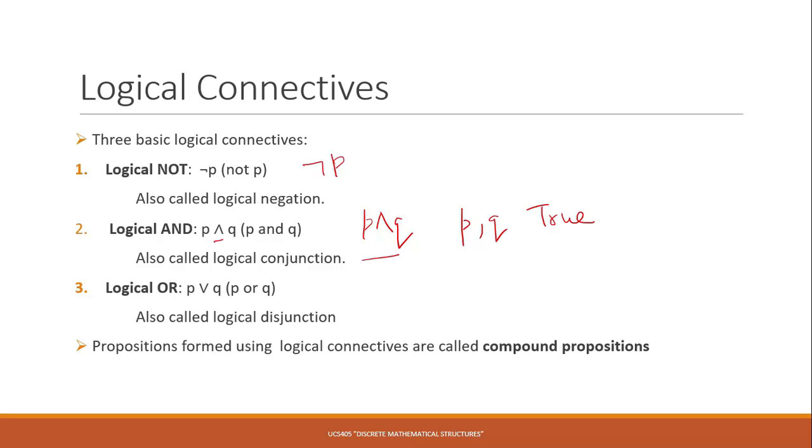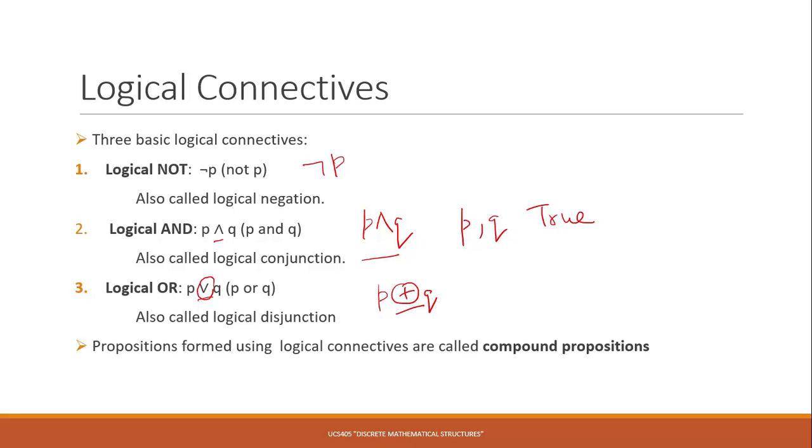Third is logical or. P or Q is also known as disjunction. The symbol is this one. P or Q will be true when either of P or Q is true or both are true. So we can say P or Q will be false only when both are false. There is another symbol, P exclusive or Q. So this is exclusive or, and this is inclusive or.